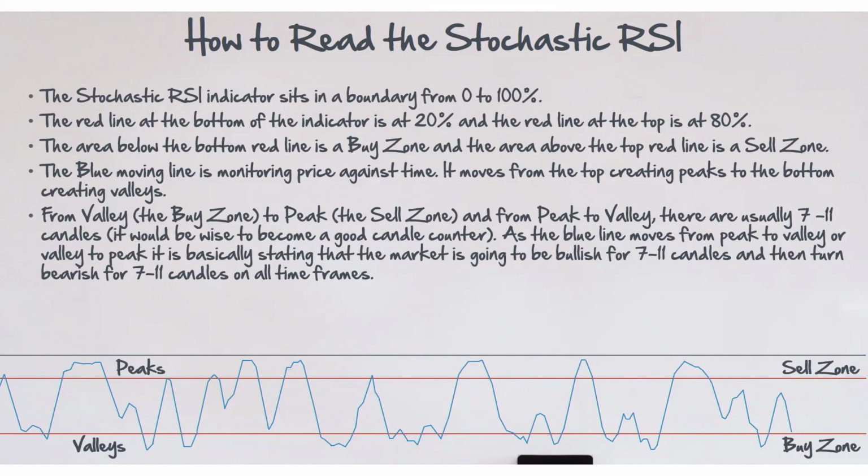So when stochastic moves into the sell zone, what do you want to look for? Remember our previous class, candlestick formation. When you see stochastic in the sell zone, look for a bearish candlestick formation. If you see stochastic in the buy zone, look for a bullish candlestick formation.